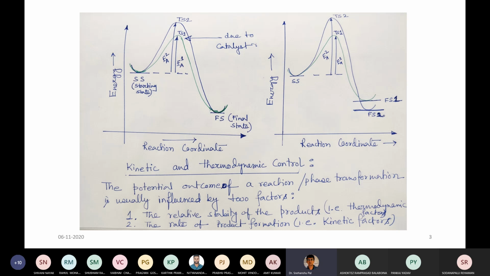That's why diamond is stable within our lifetime. So diamond, although thermodynamically favorable to convert into graphite, is kinetically not favorable.